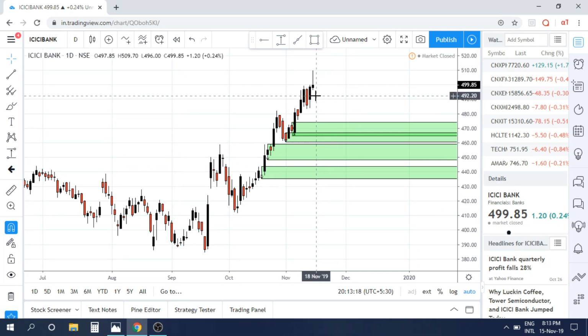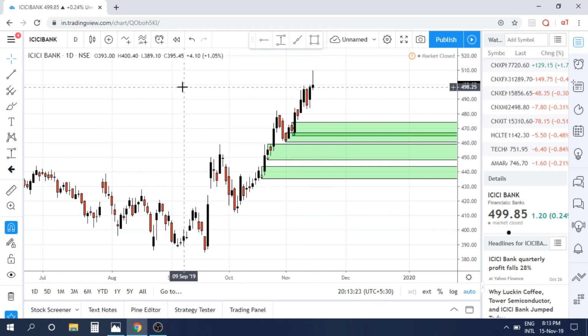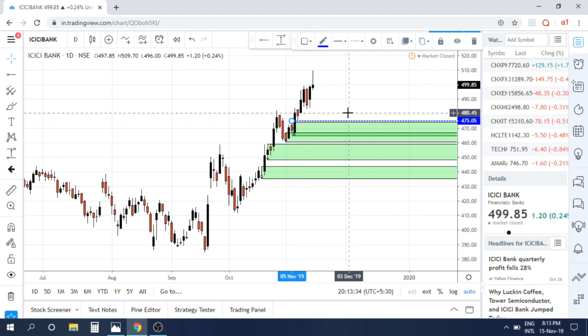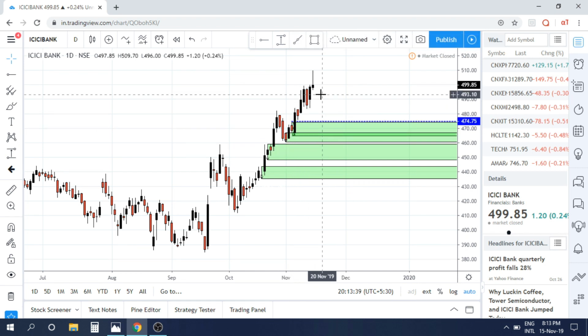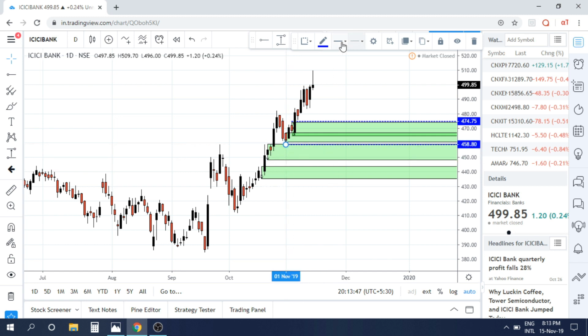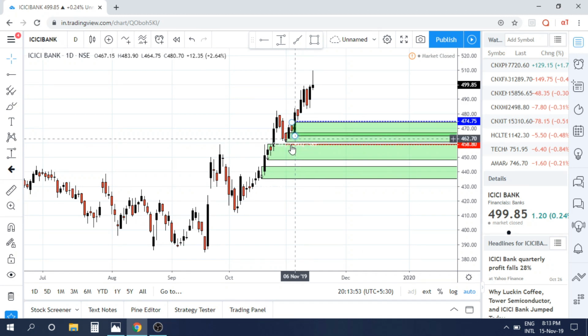For example, if I wish to go long in the first two stacked zones, I would keep my entry, let's say here, slightly above or at the upper demand zone, and I would place my stop loss below the stacked zone combined, that is below the end of the second zone.